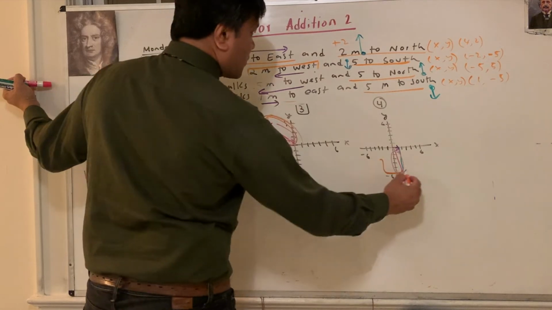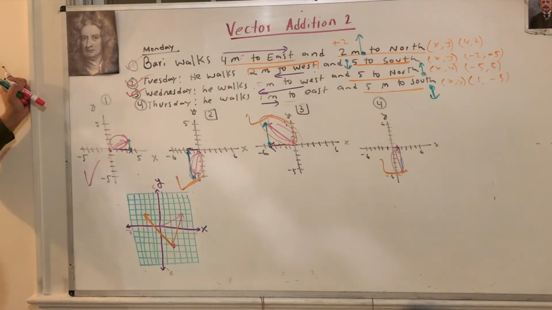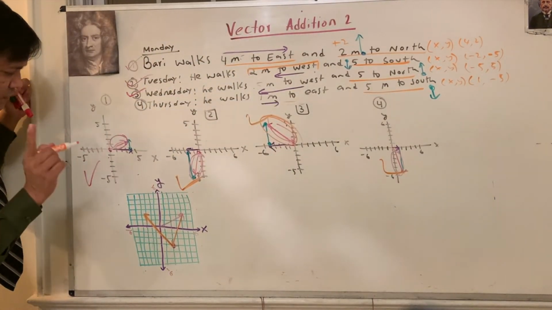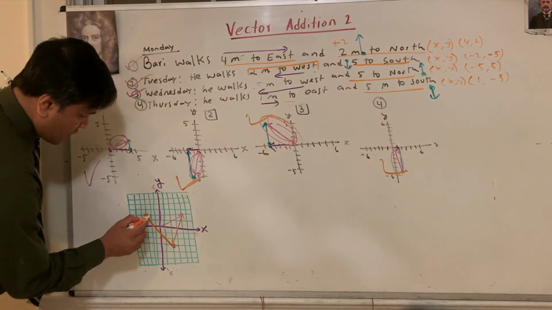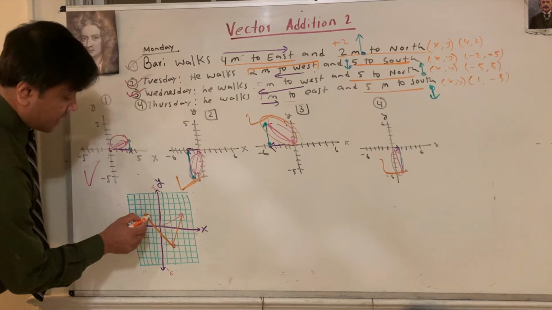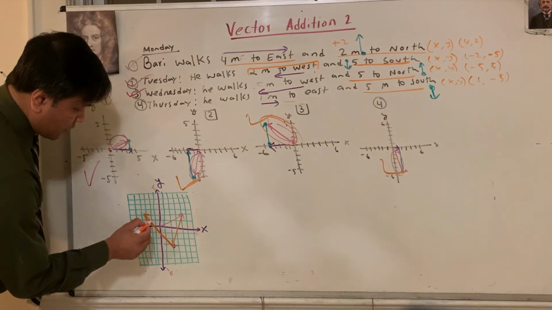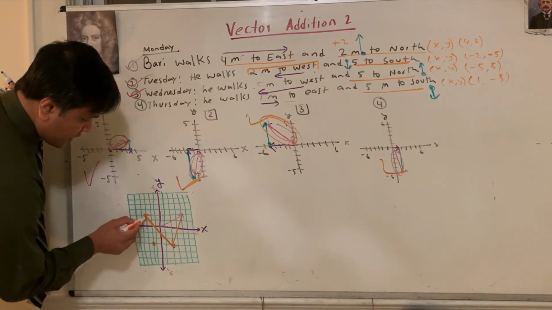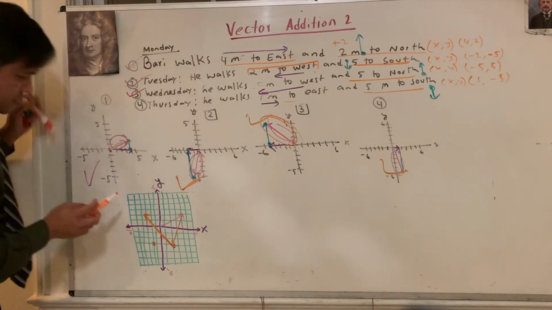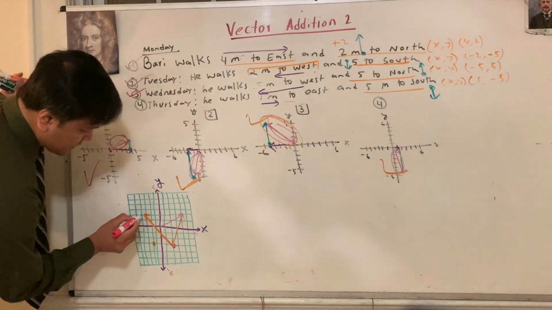Now you're going to do this one. 1, -5. Now we're going to go 1 in the x direction. So 1 and then -5. 1, 2, 3, 4, 5. -5. We can use a different color.